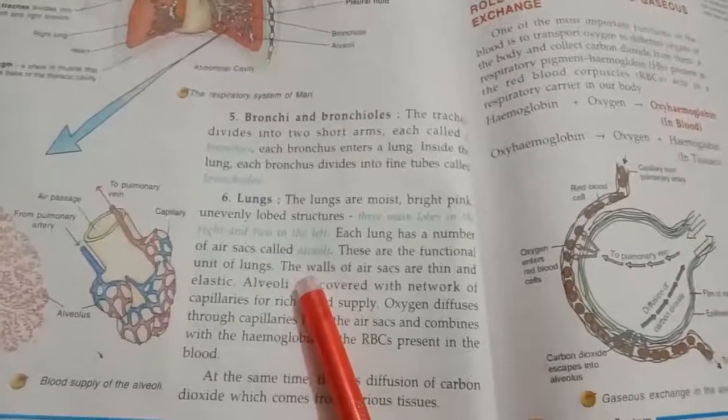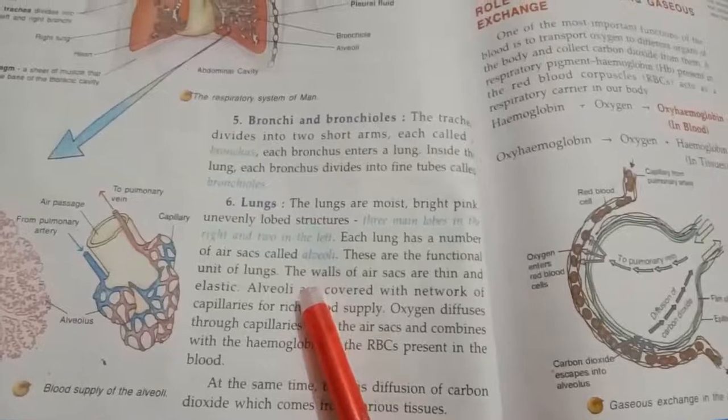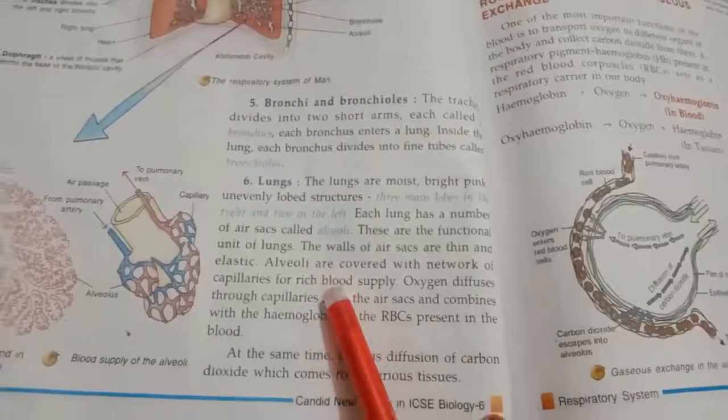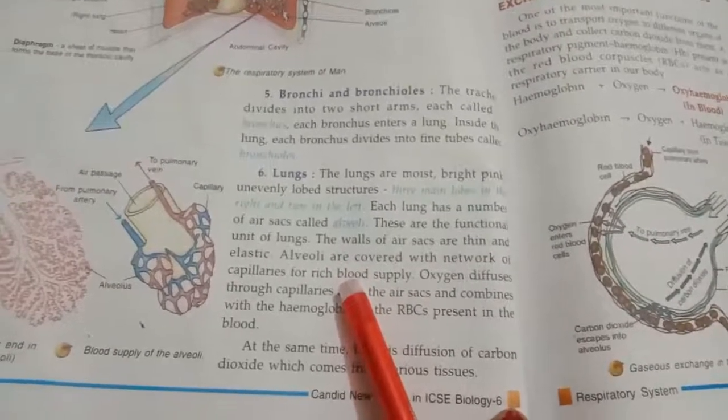The walls of the air sacs are thin and elastic. Alveoli are covered with a network of capillaries for rich blood supply.